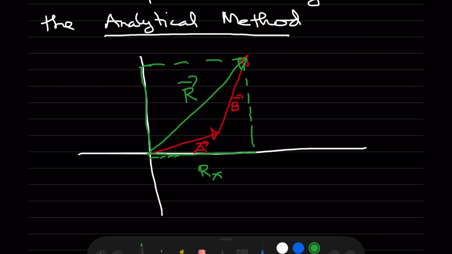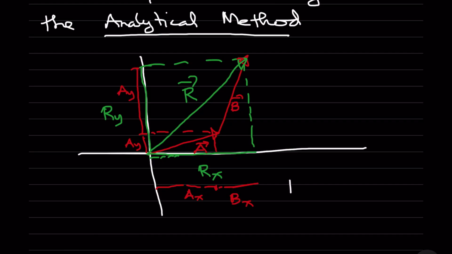So the resultant vector has components Rx and Ry. As you could see in this figure, vectors A and B also have x components Ax and Bx, and they also have y components Ay and By.